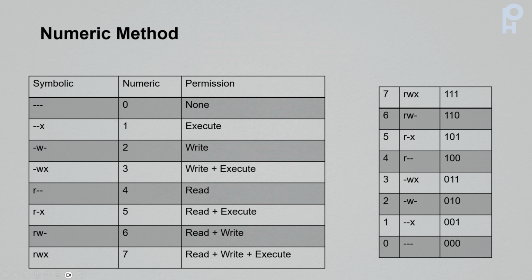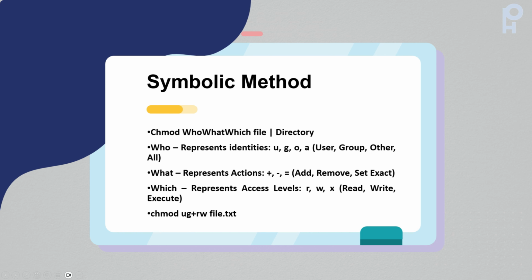And there is a symbolic method also. We use chmod and then who, what, and which, for a type of file or directory. Who identifies u, g, o, and a, which means user, group, others, and all. What represents the action, which is plus, minus, and equal, meaning add, remove, or set exact.